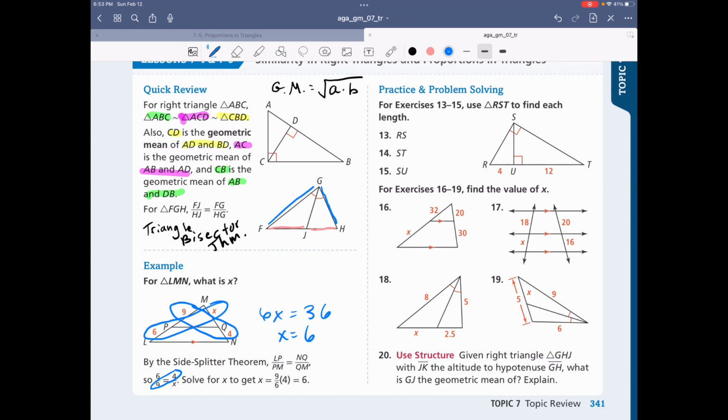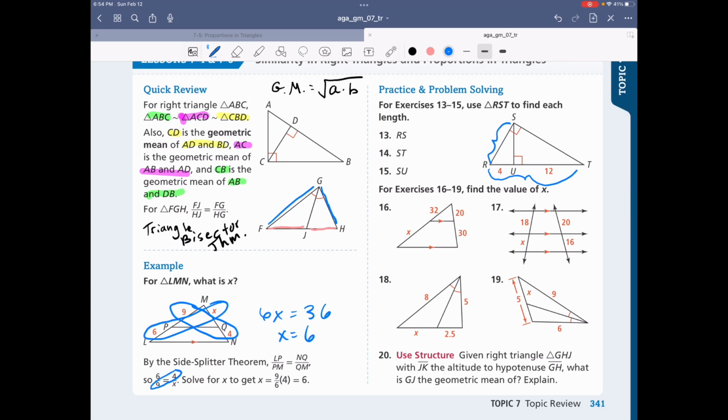For exercises 13 through 15, use triangle RST to find each length. So we want to find RS. Well, they told us that we could use the geometric mean. So we'd use the whole length.